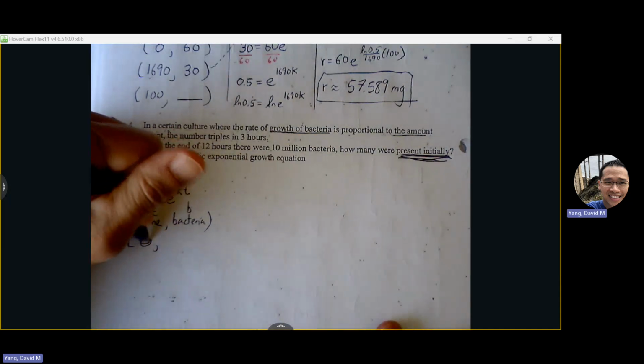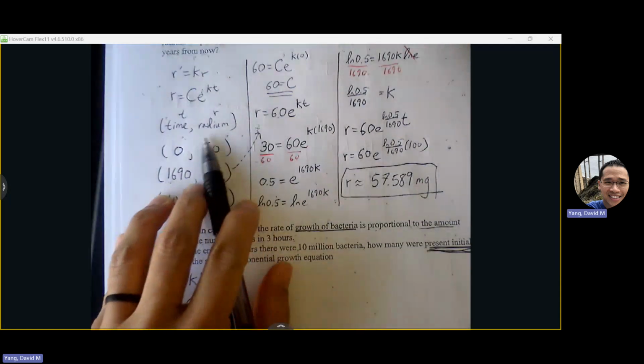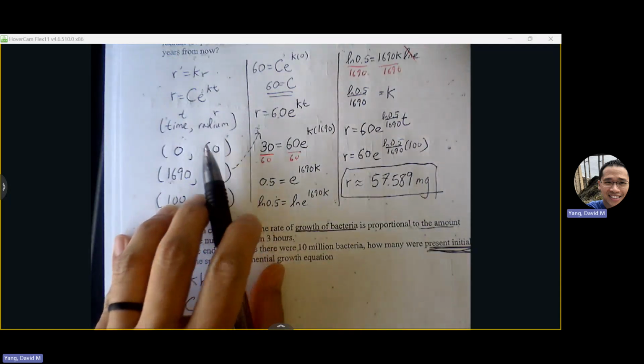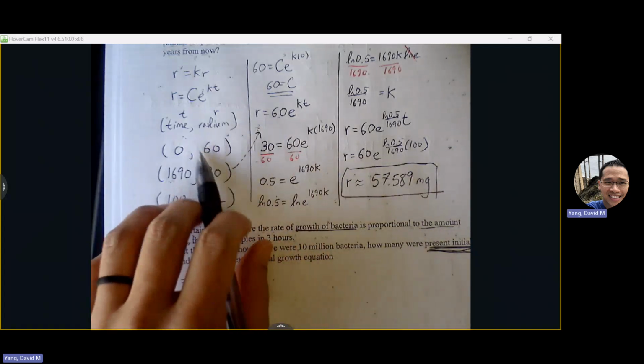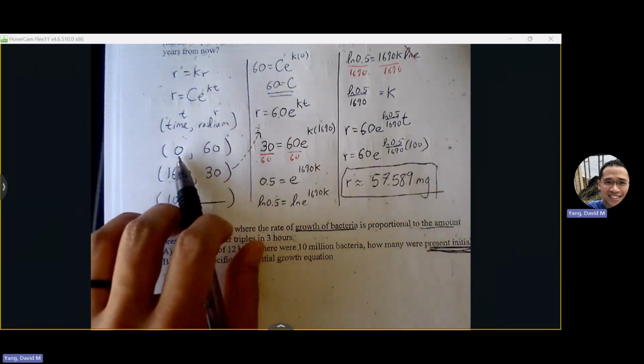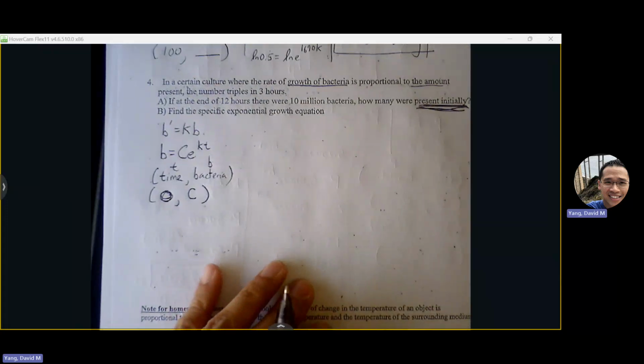We have some unknown, and typically, a lot of these numbers end up being our C value, right? The number that we see here is the C value at time 0. So I don't know what C is, so I'm going to say 0 comma C. It's some initial amount that I don't know yet.